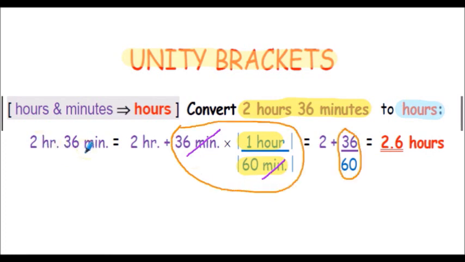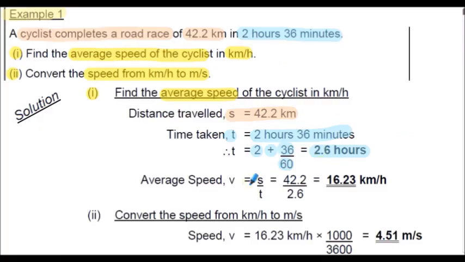We find that 2 hours 36 minutes in decimal is 2.6 hours. For your reference, there is a separate presentation related to the use of unity brackets. So to find the average speed, V is simply the S, 42.2, divided by T, 2.6. So the average speed is 16.23 kilometers per hour.